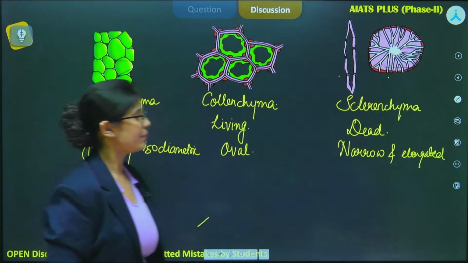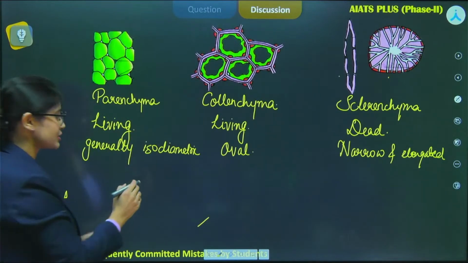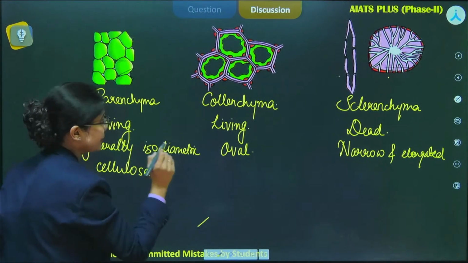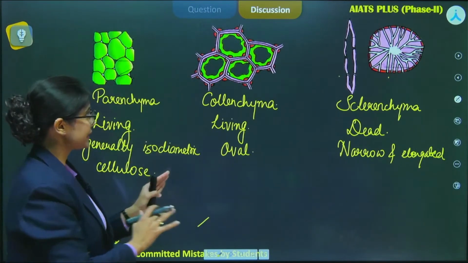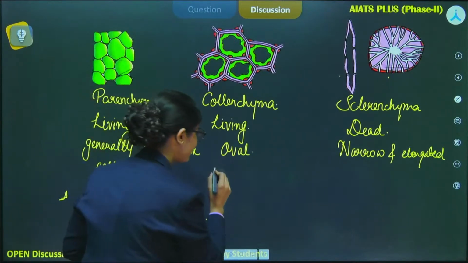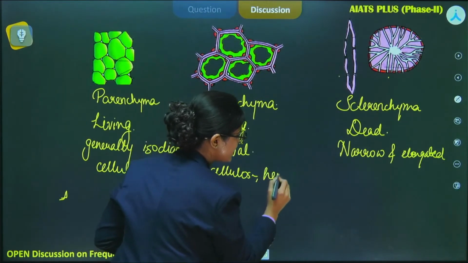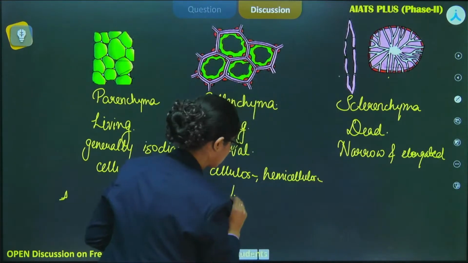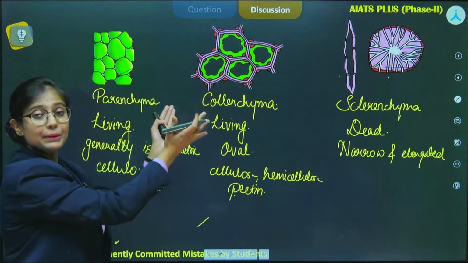Now, if we talk about the cell wall. The cell wall in parenchymatous tissue has a deposition of cellulose. If we talk about collenchyma, a very interesting feature, seriously, the cell wall of collenchyma has a deposition of cellulose along with hemicellulose and pectin, but they are not evenly distributed in the whole cell wall.